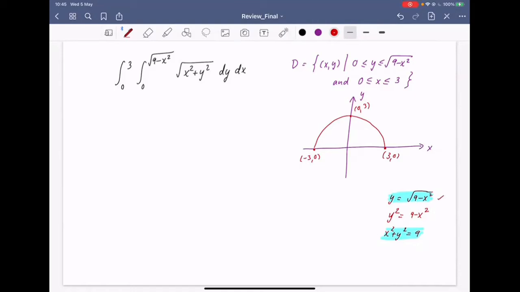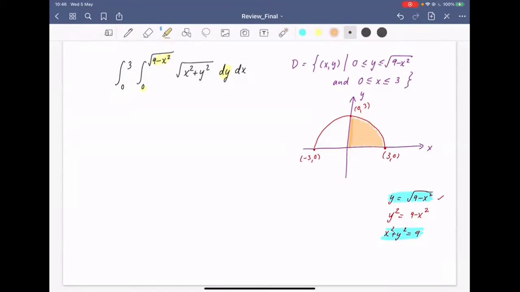And then now you can guess what area you want. You want y to start from 0 to that curve, y from 0 to square root 9 minus x squared, but you want x from 0 to 3. So actually it's just this part, the part that you have in the first quadrant.